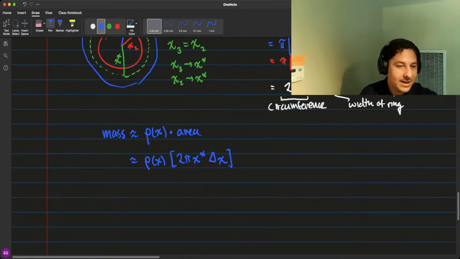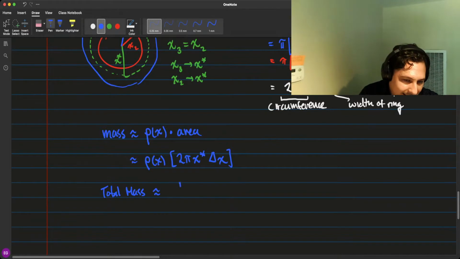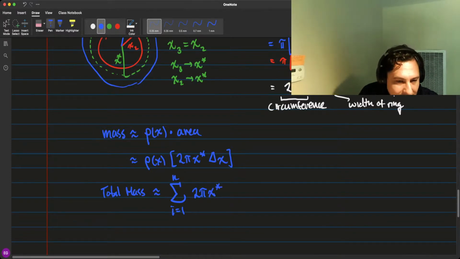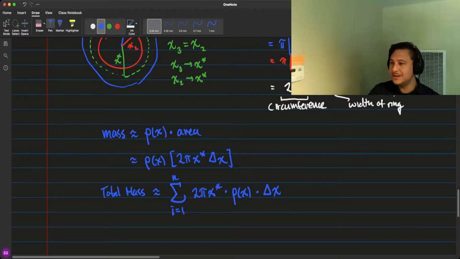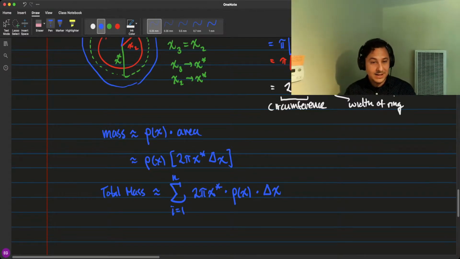So if we wanted to find the total mass, you're going to add together each of those individual masses, which will be your 2 pi x star times rho of x times delta x. We just got that from all that crazy calculation we just did.